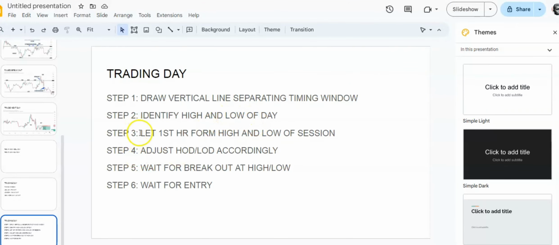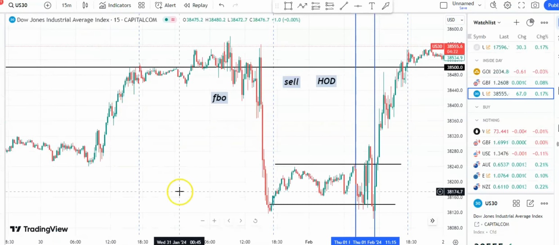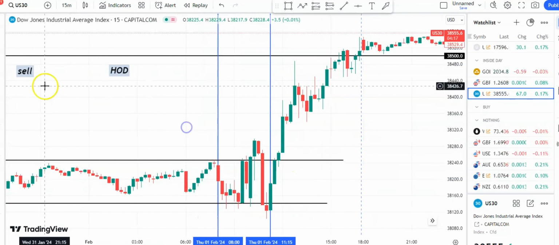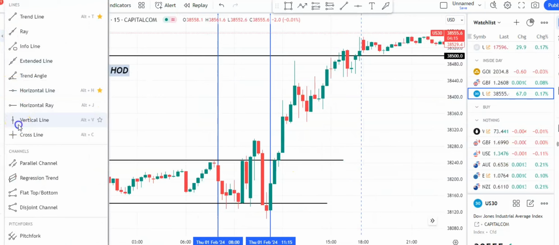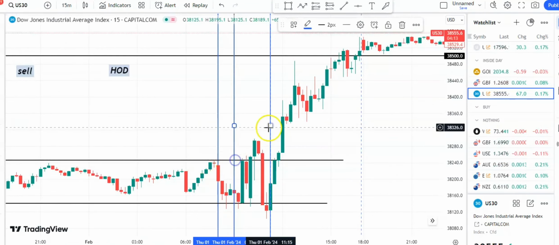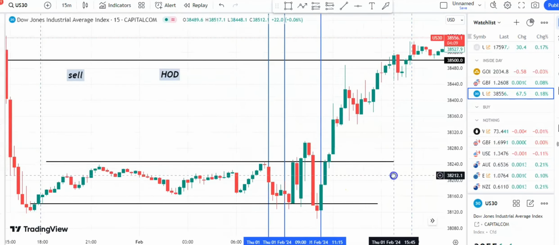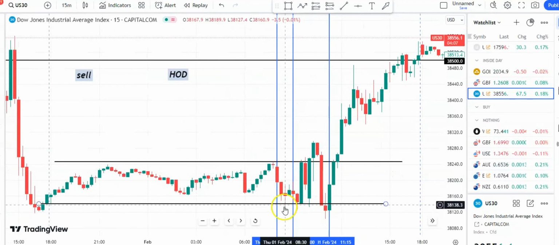Step number 3 is let the first hour form the high and the low of the session. So the first hour is from 8 to 9. So we can just draw another vertical line at 9 and then ask ourselves, what did the first hour do? The first hour pinned the low.